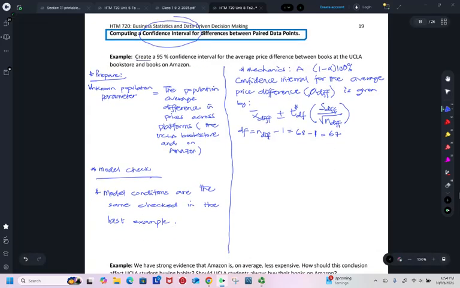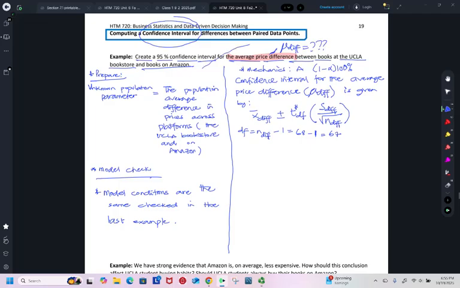So if we're told to create a 95% confidence interval for the average price difference between books at the UCLA bookstore and the books on Amazon, the unknown parameter that we want to construct a confidence interval for is the average price difference. And that is our mean difference here, which we do not have an idea what it is.